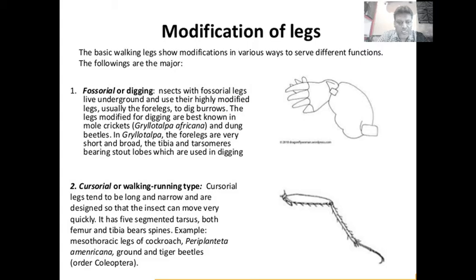The example is cockroach. The zoological name of cockroach is Periplaneta americana. So they have spines on their femur and tibia, and they help in walking.